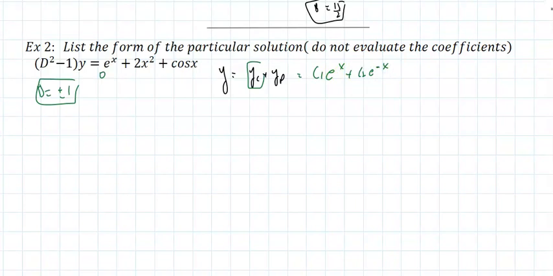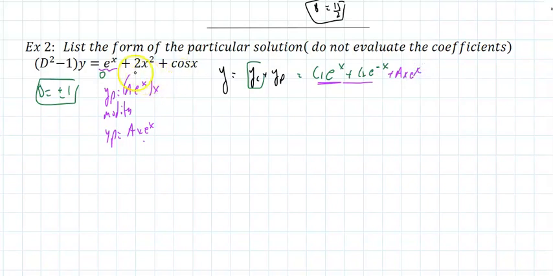Now, if I just want to list the form of the particular solution, I'll say for that, y particular should be a e to the x, but I notice e to the x is right there. So I need to modify. How do you modify? You multiply this by x, and you say the particular in this case is ax e to the x. Since that's not repeating, you just list it there, that's fine.